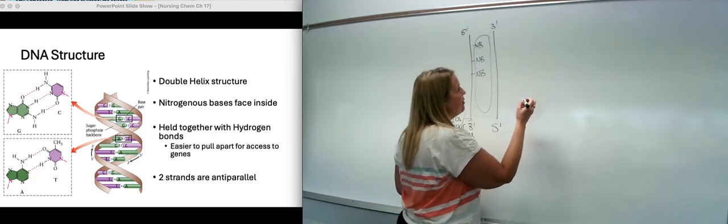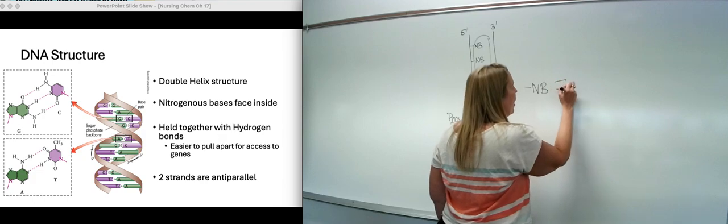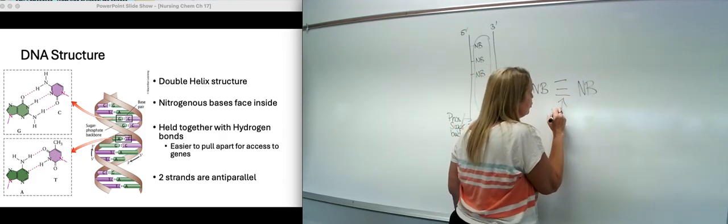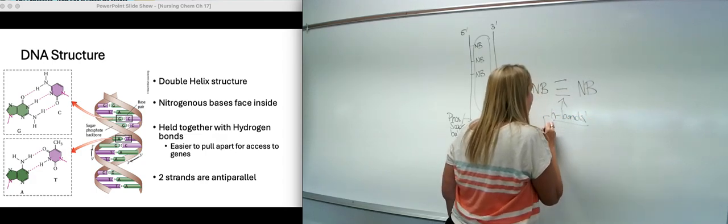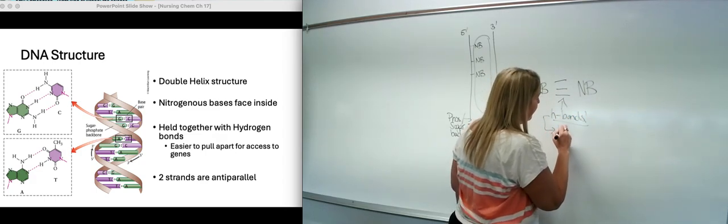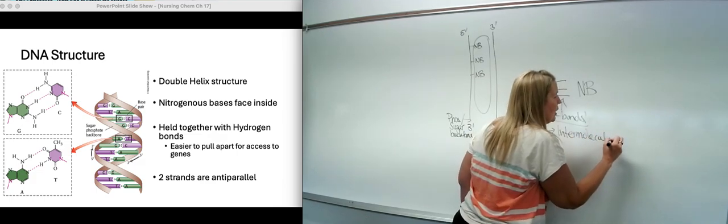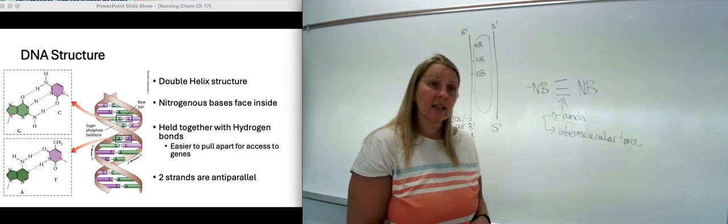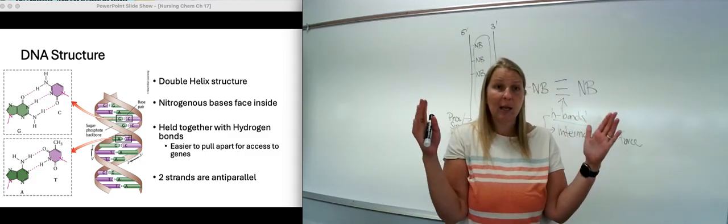And so what you have is on your one strand, your nitrogenous base and your other nitrogenous base are held together with hydrogen bonds. So if you remember back from the general chemistry chapters, hydrogen bonds are actually not a bond. They are an intermolecular force. And that's important because in order to transcribe and translate our genes into proteins or other things that we may need, we have to separate those strands.